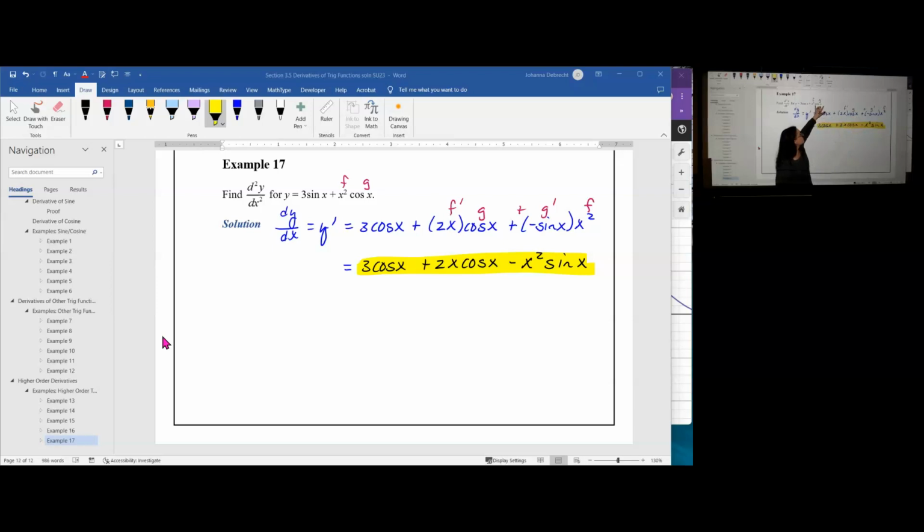Then I added the derivative of cosine x, which is negative sine x, and multiplied by the first factor, x squared. In simplifying, I got the expression here highlighted in yellow. 3 cosine x plus 2x cosine of x minus x squared sine x. I didn't see any common factors and I didn't see any hiding Pythagorean identities, so I knew that I wanted to stop.